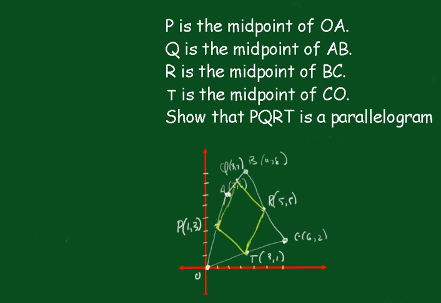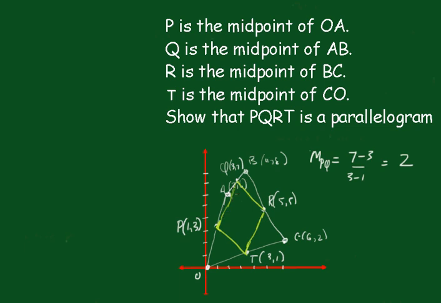Alright, now to prove it, I'm just looking at the gradients. It's probably the easiest way. You can do distance and gradient, but I'm just going to go for the gradients. The gradient of PQ, this one up here, is going to be (7 - 3)/(3 - 1), and that's just going to be 2.